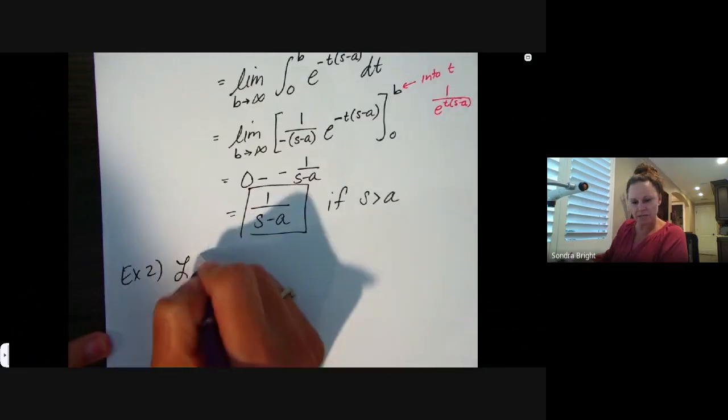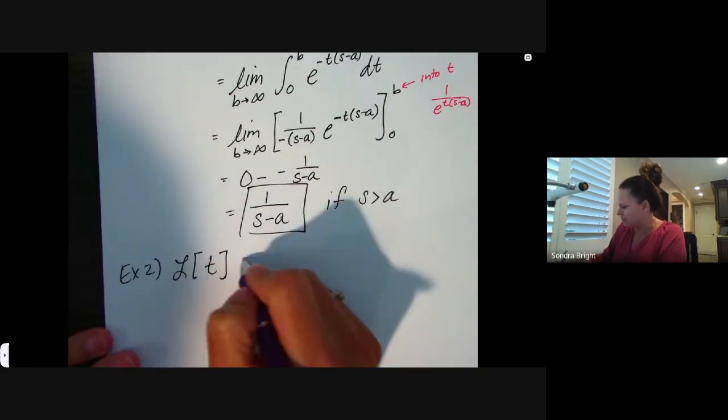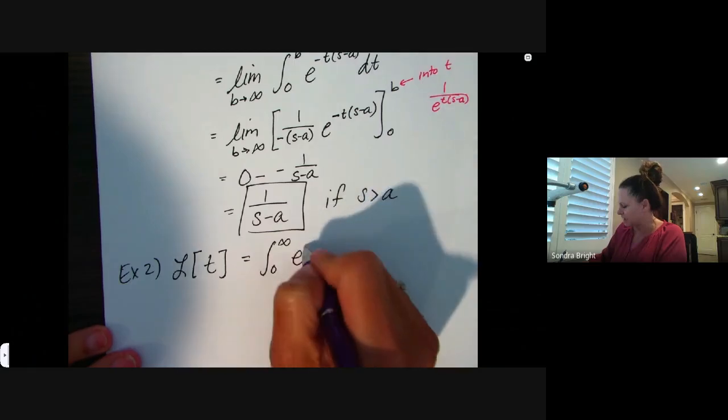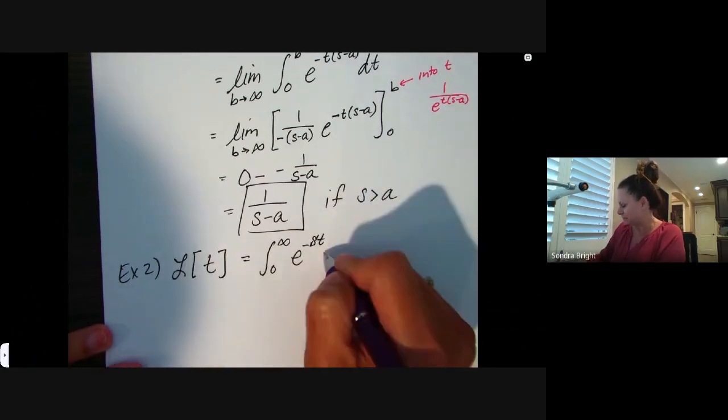Okay, let's also do, using the definition, we're going to find the Laplace transform of t. So using the definition, we've got the integral from 0 to infinity of e to the negative s t times t dt.